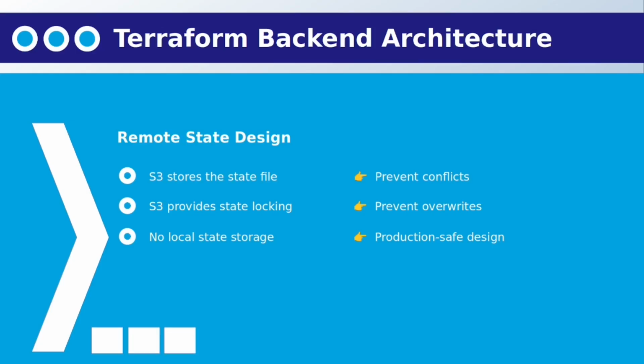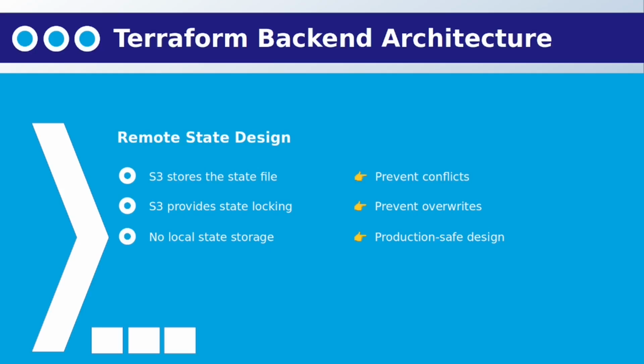Terraform backend architecture. Now let's talk about Terraform state. Terraform state is critical. It records what infrastructure exists. If 2 developers run apply at the same time, the state can become corrupted. That is dangerous.